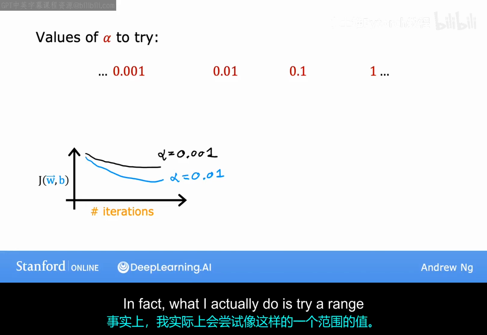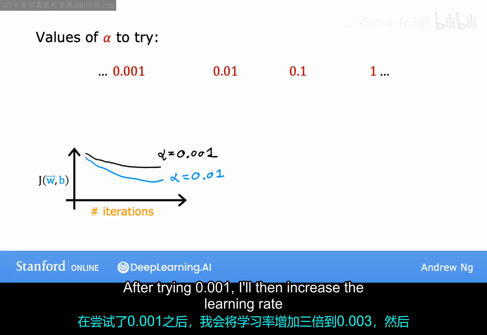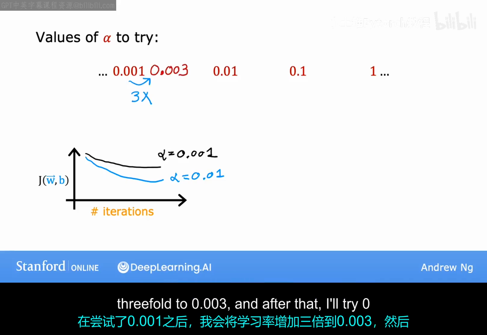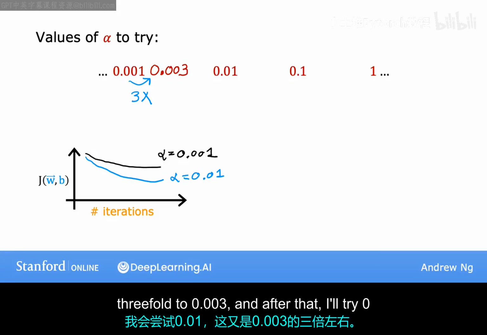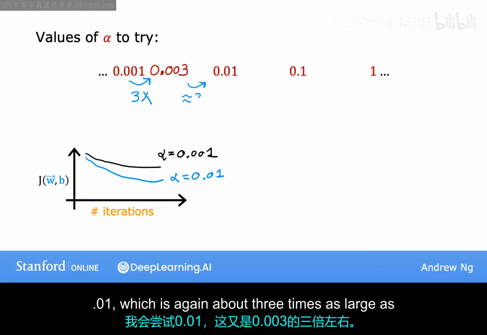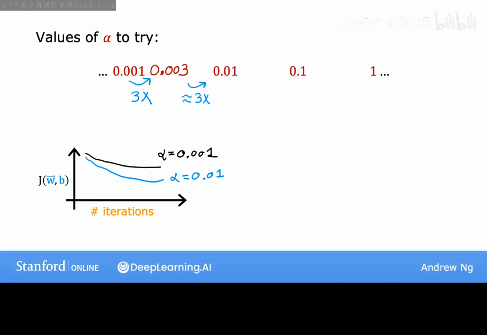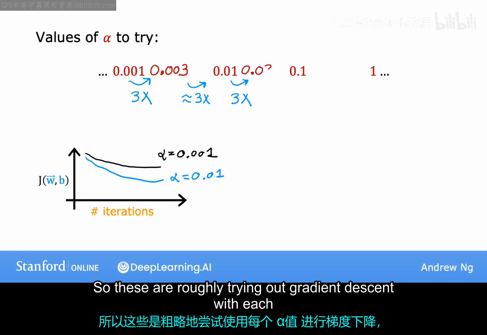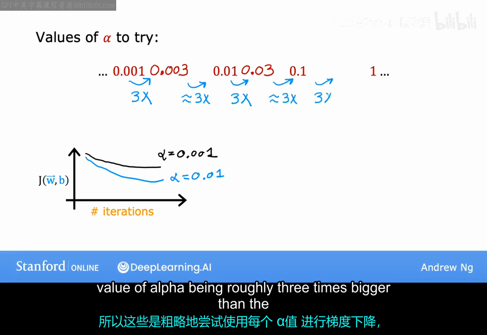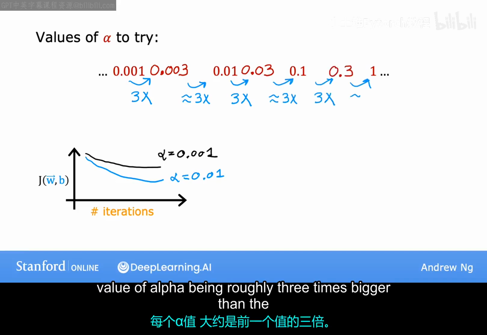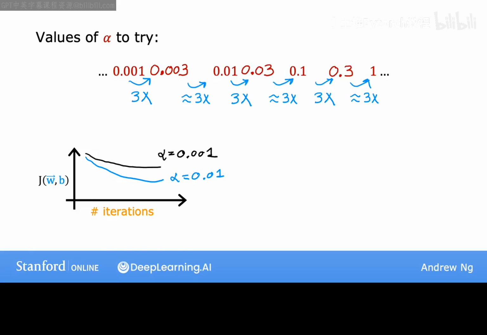In fact, what I actually do is try a range of values like this. After trying 0.001, I'll then increase the learning rate threefold to 0.003, and after that, I'll try 0.01, which is again about 3 times as large as 0.003. So these are roughly trying out gradient descent with each value of alpha being roughly 3 times bigger than the previous value.